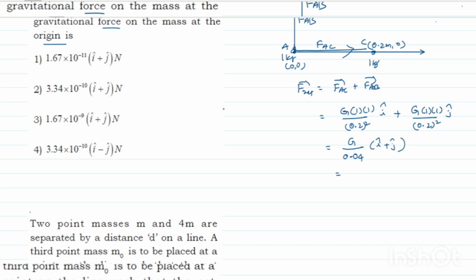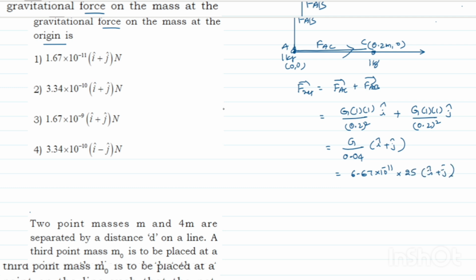So G is 6.67 into 10 power minus 11 into 100 by 4, which is 25, into i cap plus j cap.